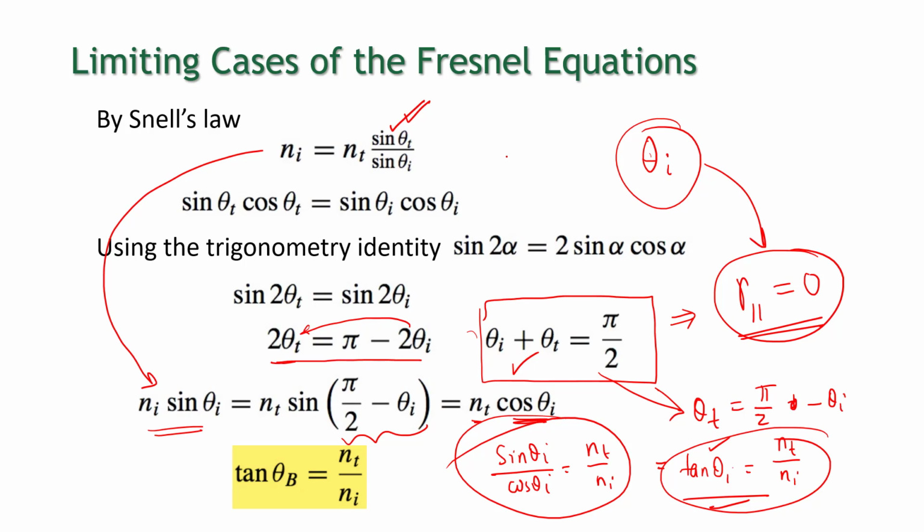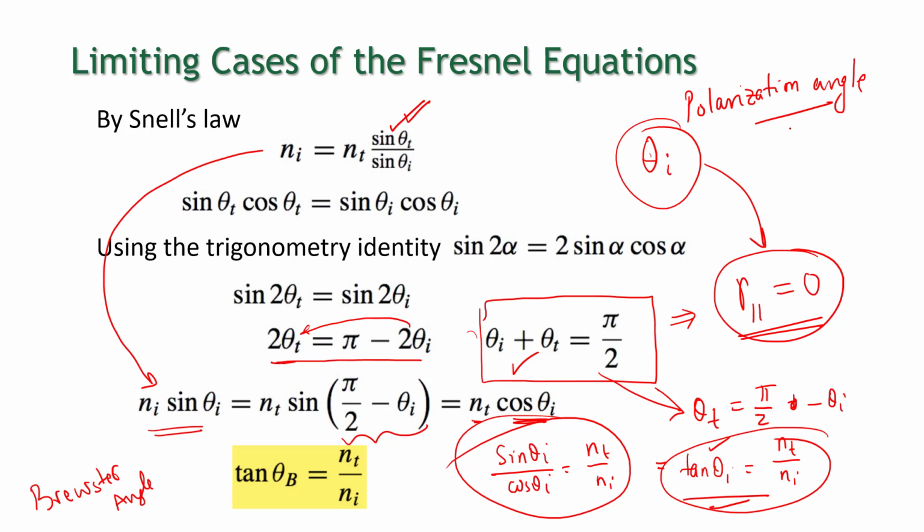Okay, and this angle is called the polarization angle, and it's also called Brewster angle, B-R-E-W-S-T-E-R, which is denoted by theta b.